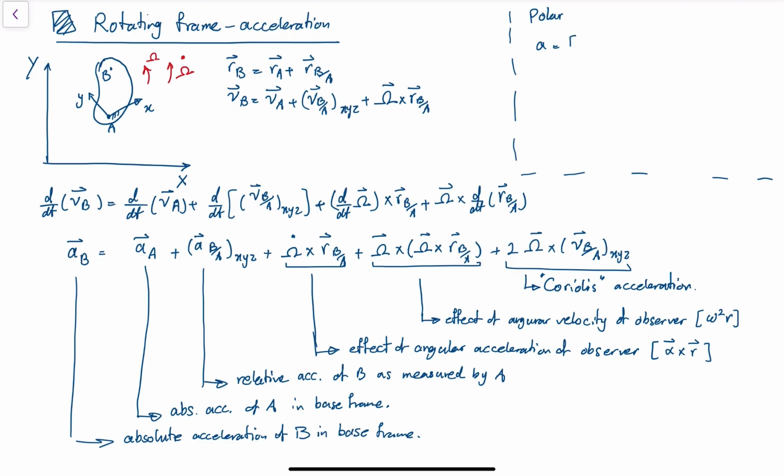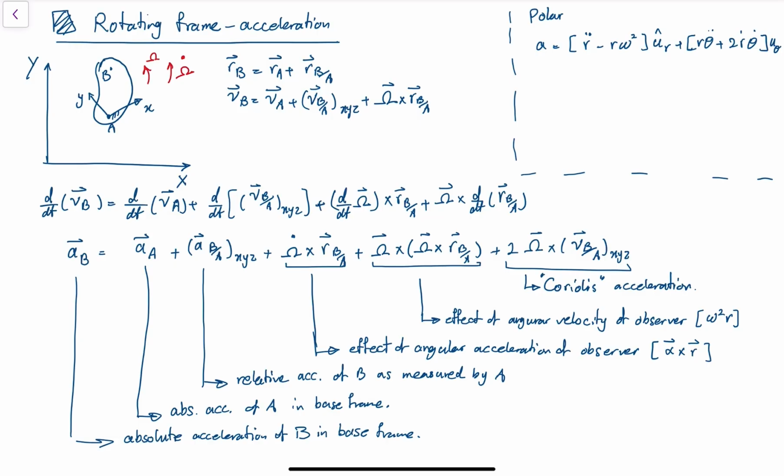It was r double dot minus r omega squared in the radial direction plus r theta double dot plus 2 r dot theta dot in the other direction, transverse.